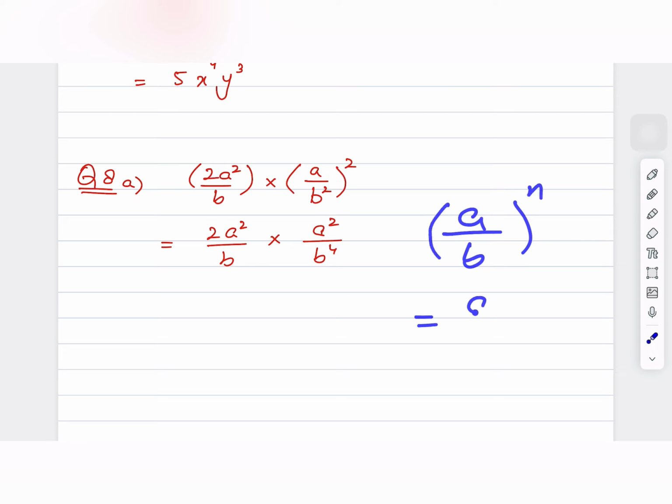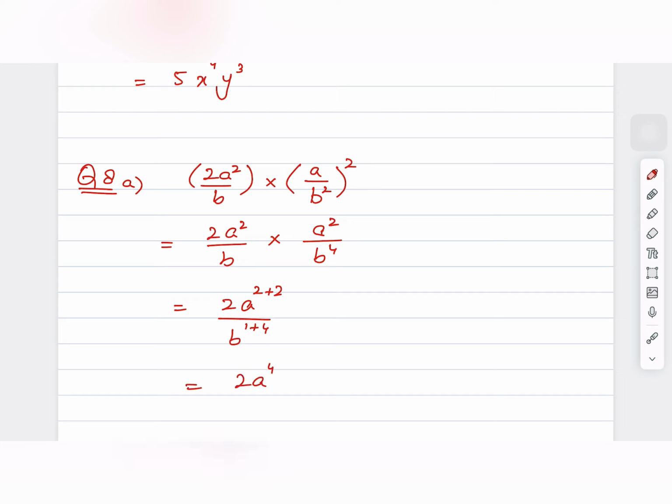We are applying this rule, a^n over b^n. Now you can collect the like terms. If you have same basis, you can add the powers, and that will be 1 plus 4, which will become 2a power 4 over b power 5.